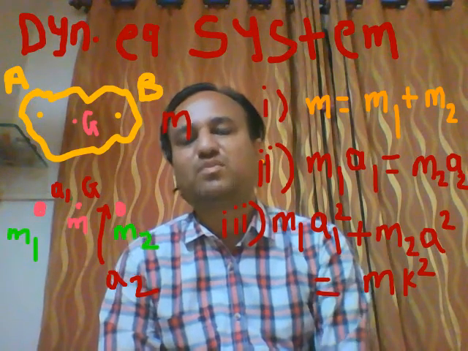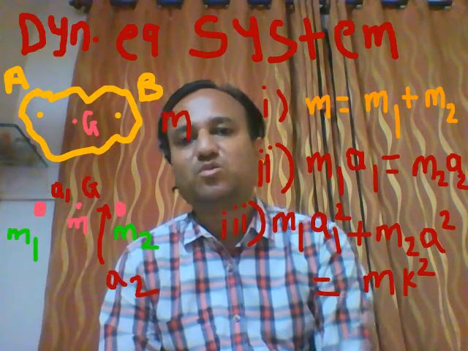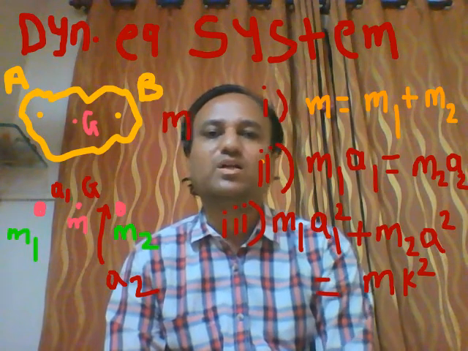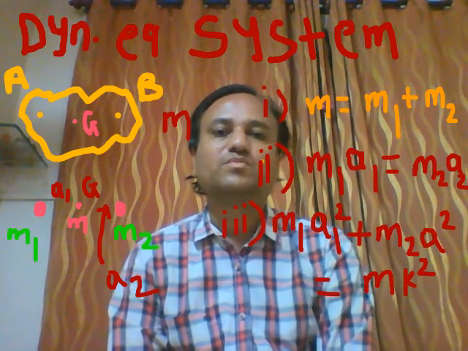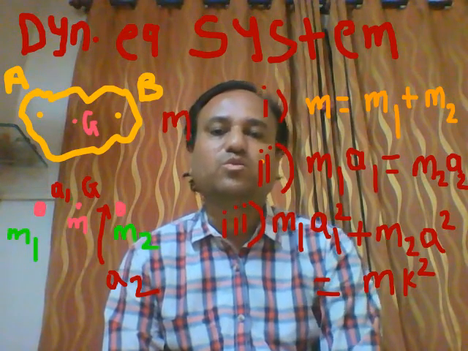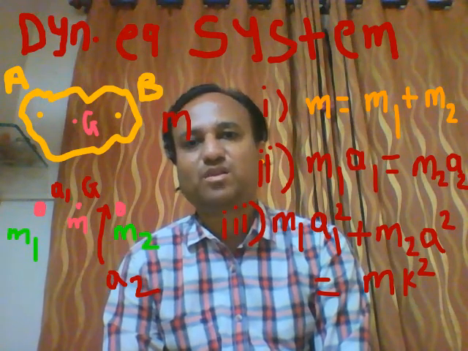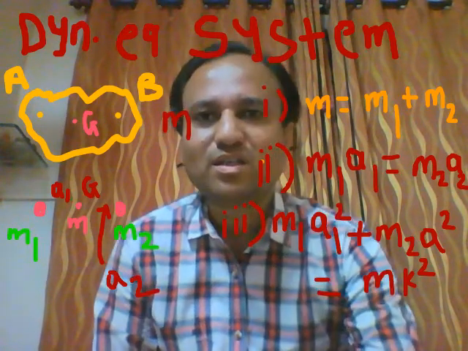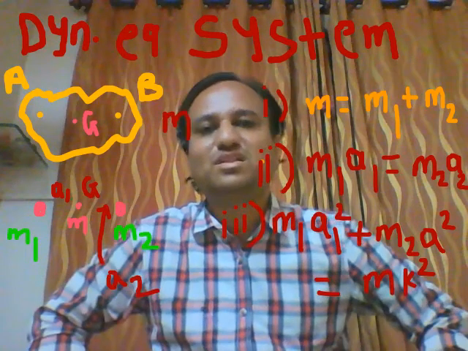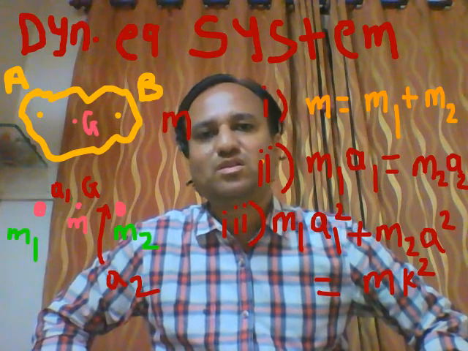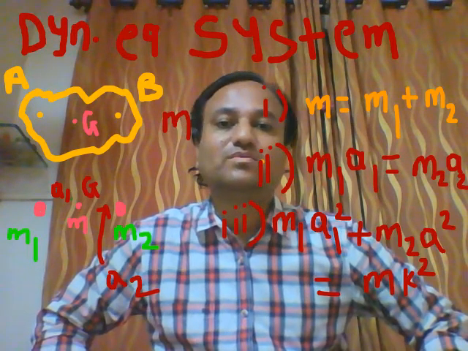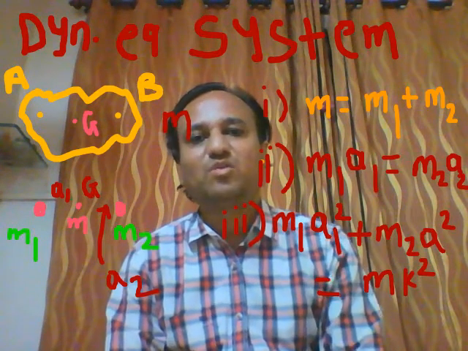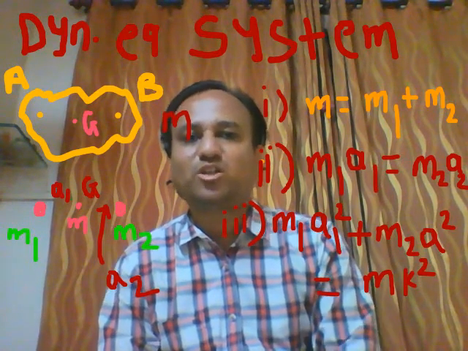By using a graphical method we have to calculate, or you can calculate by an analytical method, but it will take more time to locate the CG. So why is the location of CG required? Because this dynamically equivalent system concept is used when the body is in motion. That's why the name is dynamically.